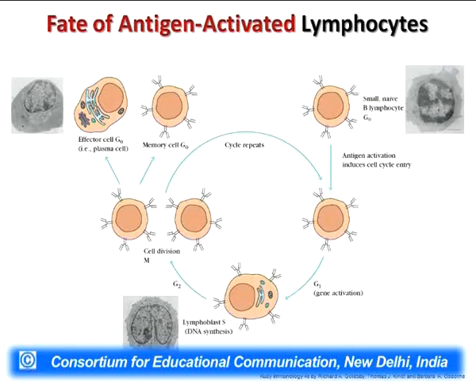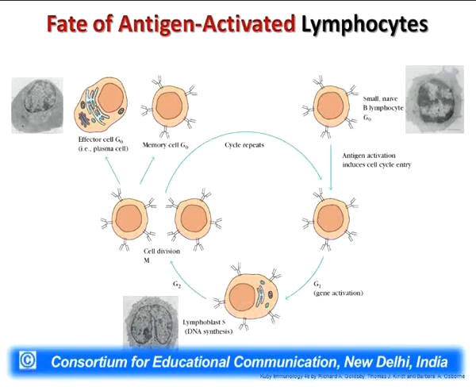Now how exactly do these lymphocytes gain momentum when antigens or pathogens invade the body? In normal conditions, these lymphocytes are present in the G0 phase, which is the resting or quiescent phase. As soon as an antigen enters the body circulation, these B cells immediately recognize the antigens and get activated, and as they get activated, they enter the cell cycle.